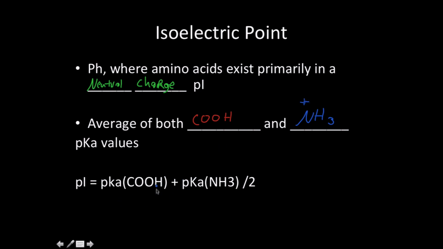So if you wanted to calculate this, you take the pKa of the carboxylic acid plus the pKa of NH3 plus and then divide that by 2, and that would give you the isoelectric point. I don't think I clarified because it was kind of implied, but this is for amino acids. Cool.